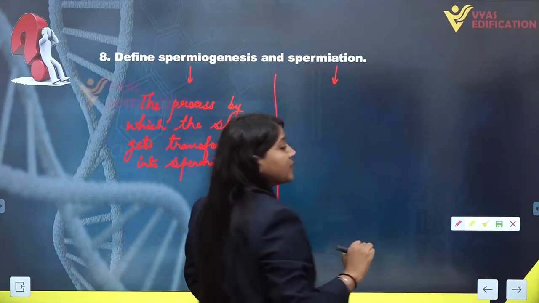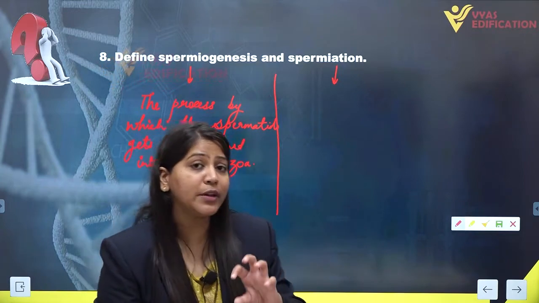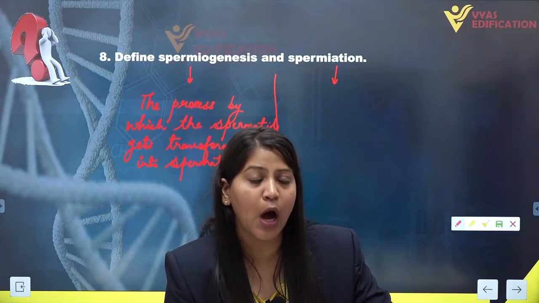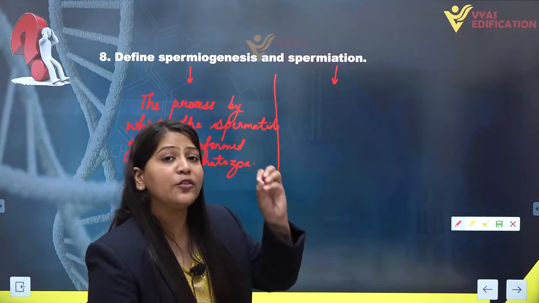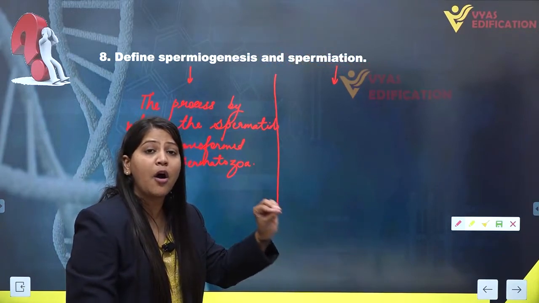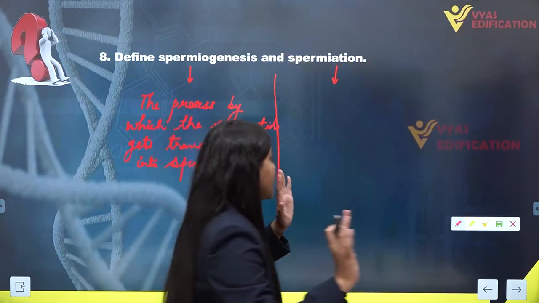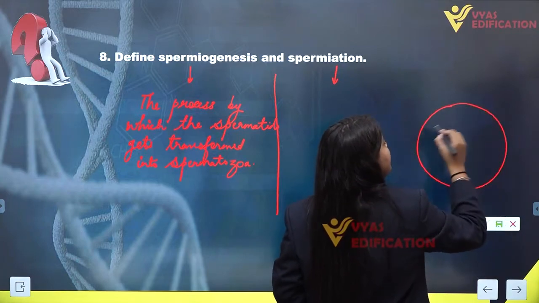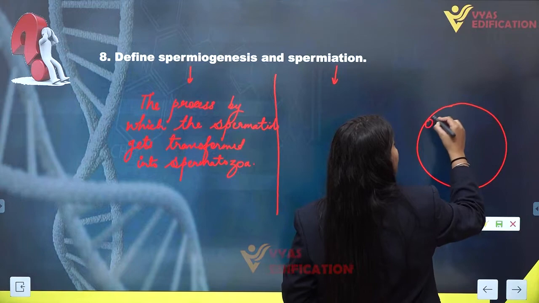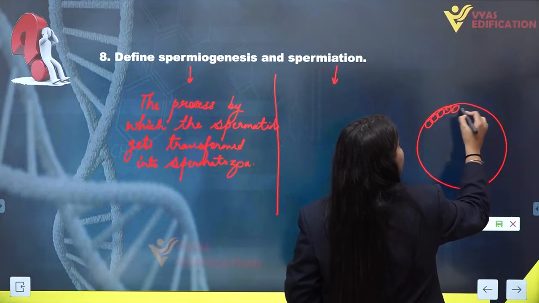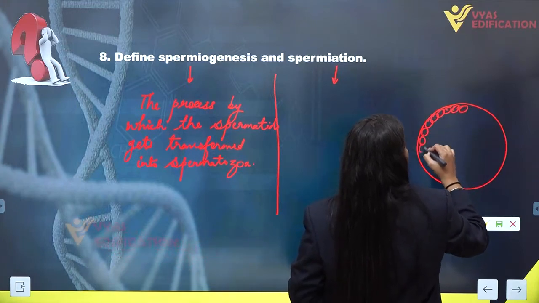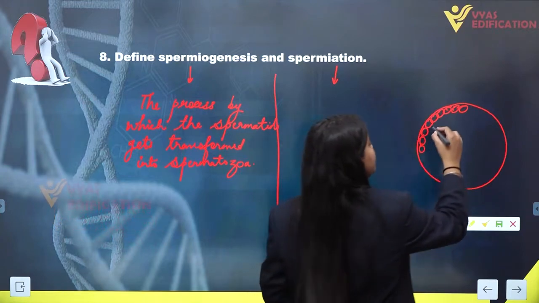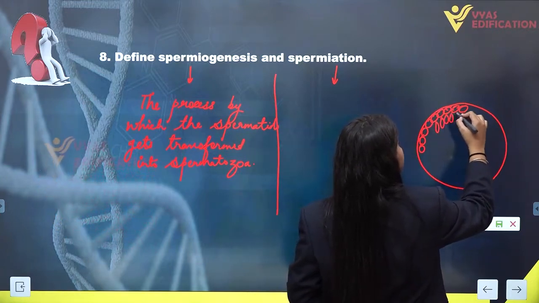Spermiation is a process in which, after the formation of spermatozoa or sperm cells, they are released into the lumen of the seminiferous tubules. Just remember one thing, that we have seminiferous tubules like this. Seminiferous tubules are lined by two types of cells from the inner surface. One is spermatogonia and another one is Sertoli cells.